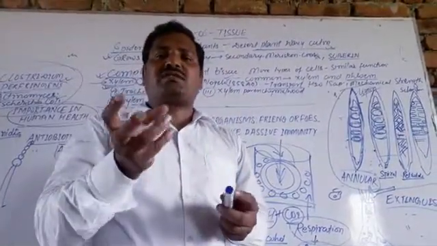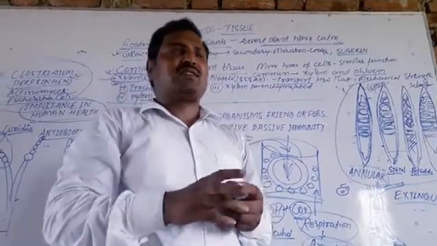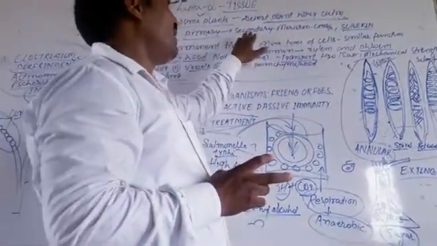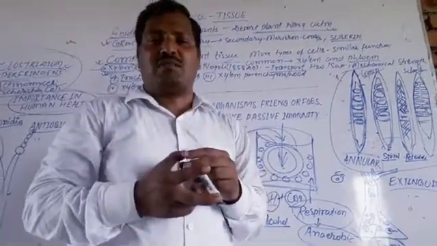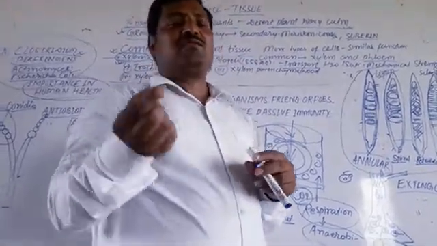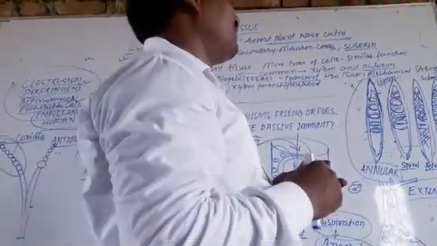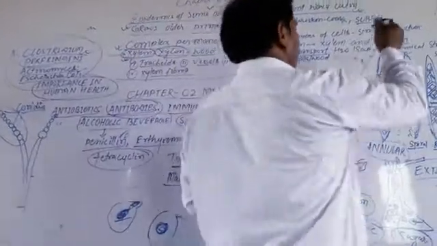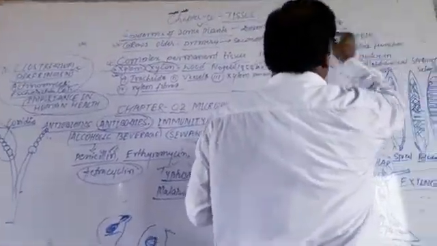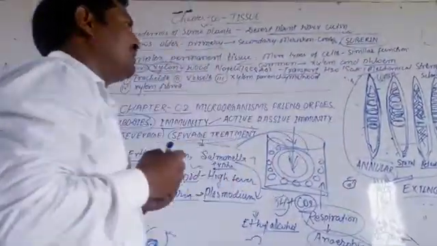So cork is dark brownish in color, and it is very tough and impermeable to water, so it does not allow water to enter. And sometimes suberin is also deposited into the epidermal tissue.